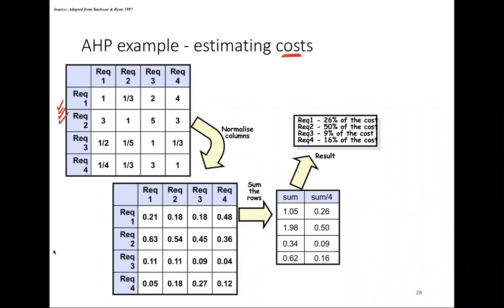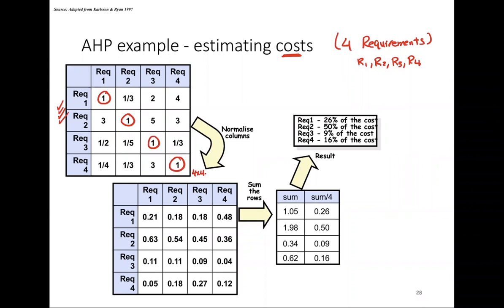Now assume for this example we have 4 requirements: R1, R2, R3, and R4. We list the n by n matrix, which is my 4 by 4 matrix. As I said, all the diagonal is always a value of 1 because this is a requirement against itself.